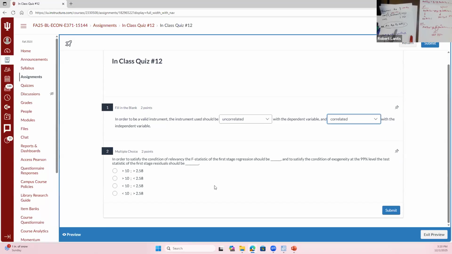So if I'm looking at the 99% level here, I'm looking at that first stage test statistic. In fact, let me type this out quickly. This should not be exogeneity. This should read endogeneity. Or sorry. Yes, this should read endogeneity, right? Is it correlated with X? Okay. So I'll edit this after class, but this should read endogeneity.